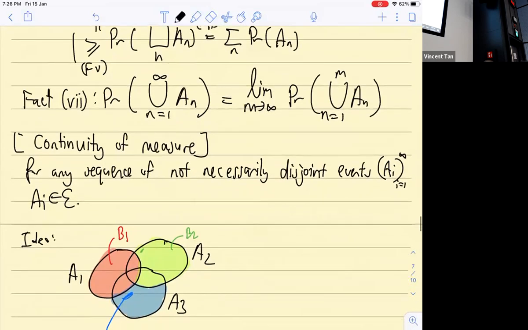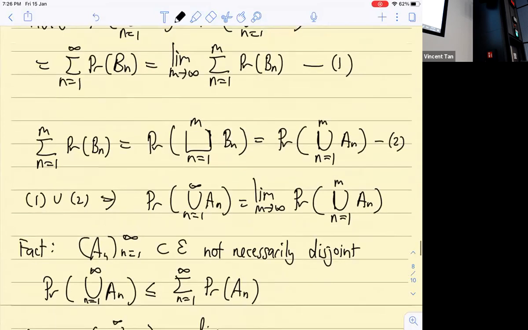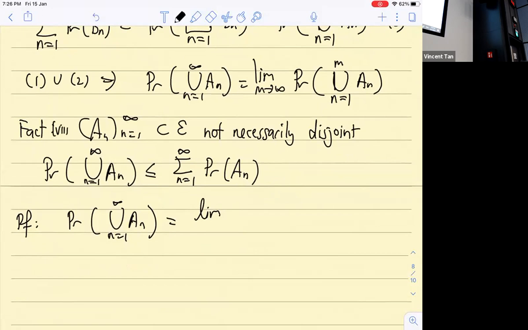Look at this previous fact here, number 7, continuity of measure. So this is 8. By the continuity of measure, this is the limit as n goes to infinity of the probability of the union of m running from 1 to n of Am.